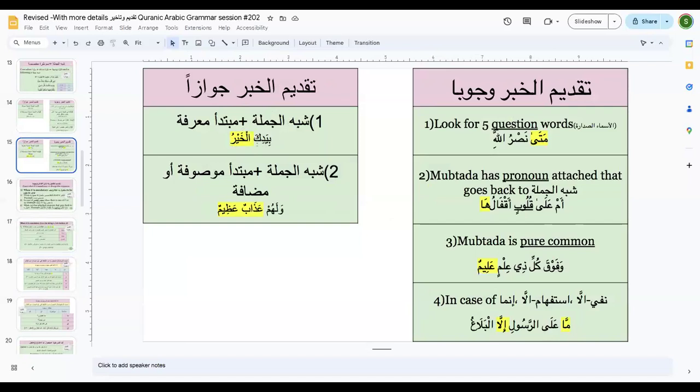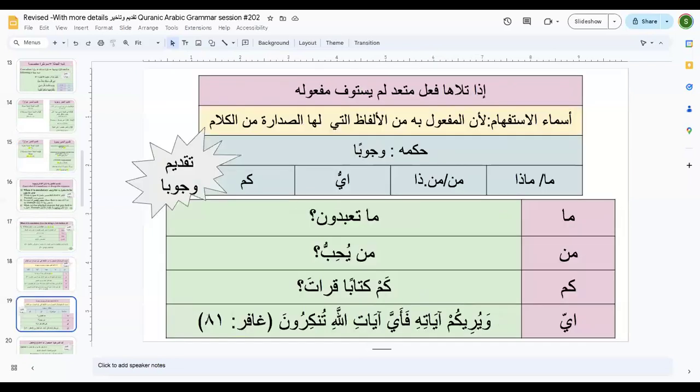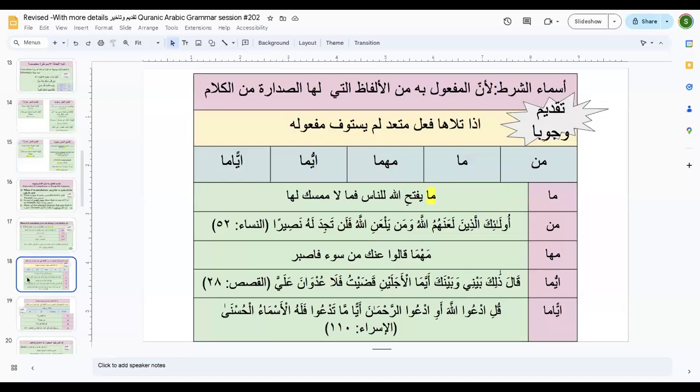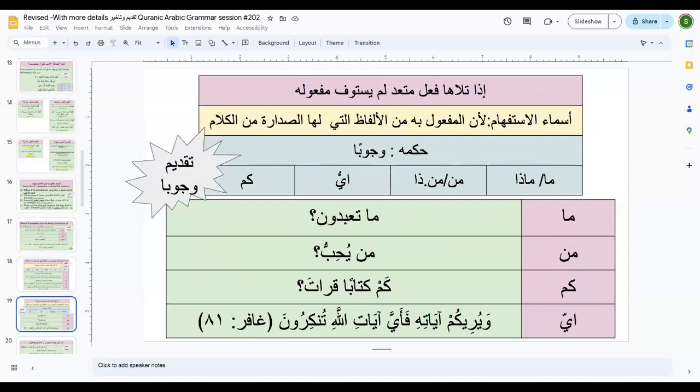When the mubtada is ma'rifa, it is ja'iz, it is allowed. You are going to say no, it's not wajib, it is ja'iz for that to be muqaddam. Everyone with me? Alhamdulillah.